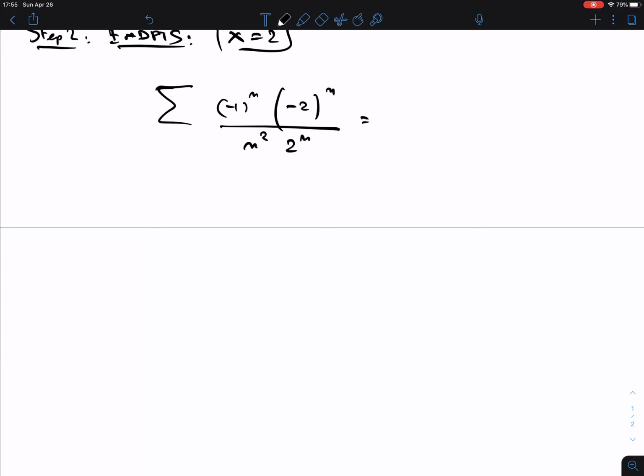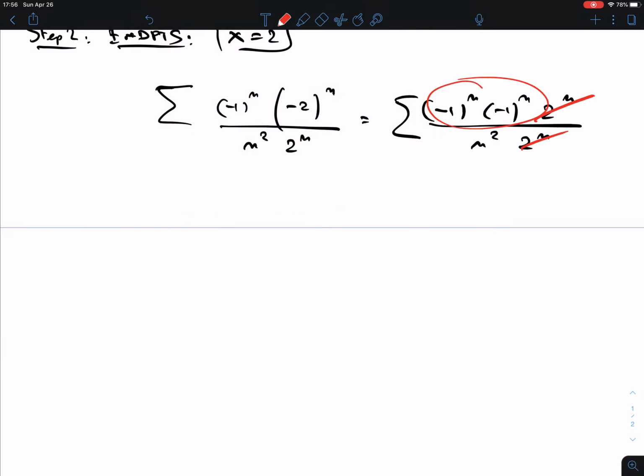I always told you to take out the negative signs in the power. So we have this, and then we have an n squared and then a 2 to the n. And then, of course, clearly these 2 to the n's cancel. What about these negatives here? Well, they're twice the same thing. Both are negative 1 or both are positive 1, so the whole thing is just 1, because it's actually (-1) to the power 2n, which is an even power, which is always positive.